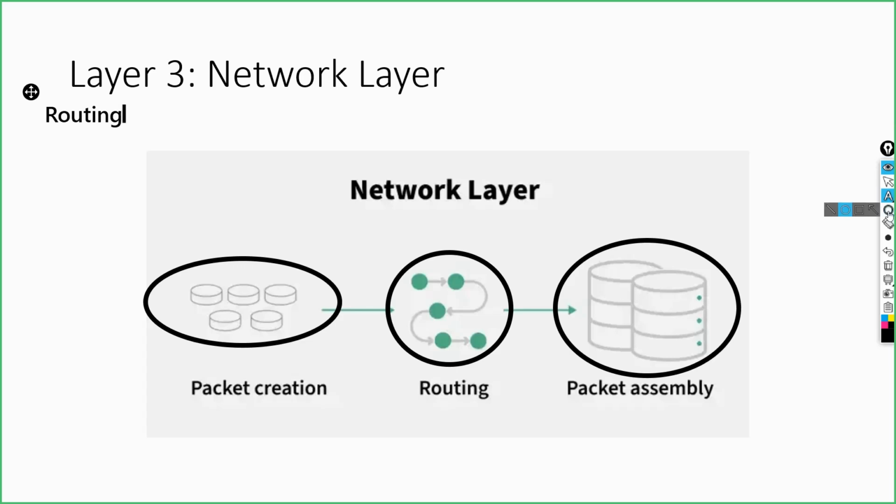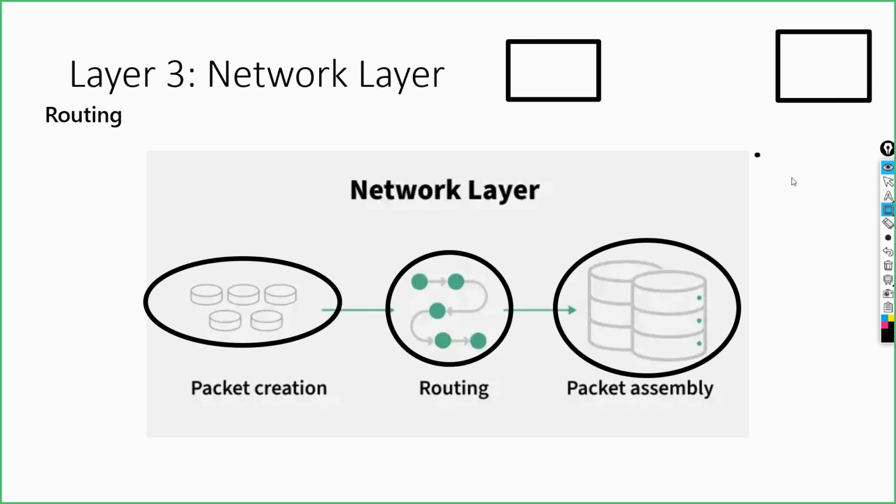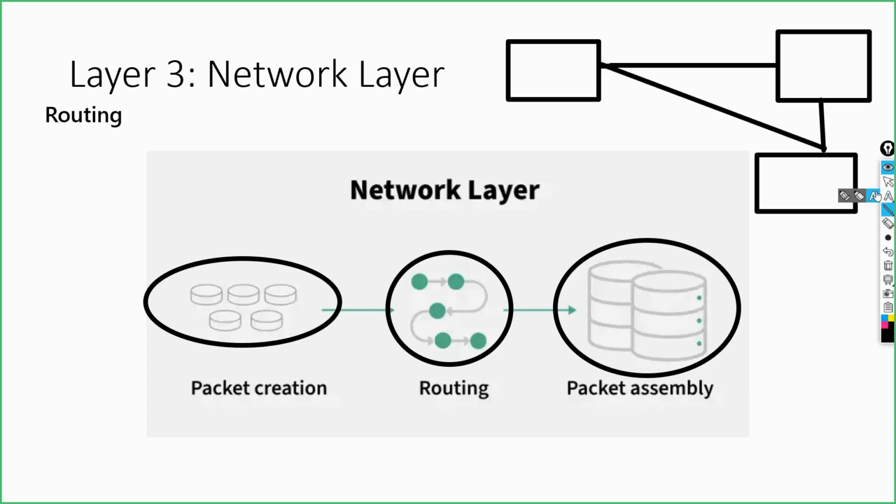Now, let's say, for example, within your network, let's say this is device A, you have device B, and you have device C. Now, if device A wants to reach device C, there are two paths: via device B, and directly from device A to device C. There are two paths, right?